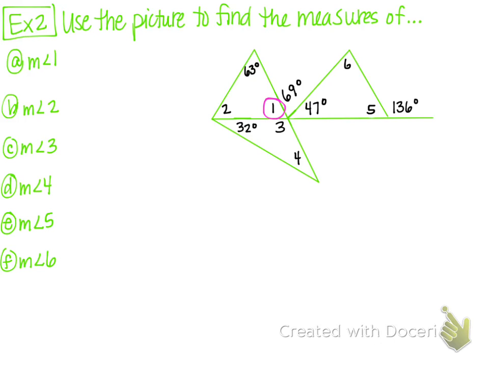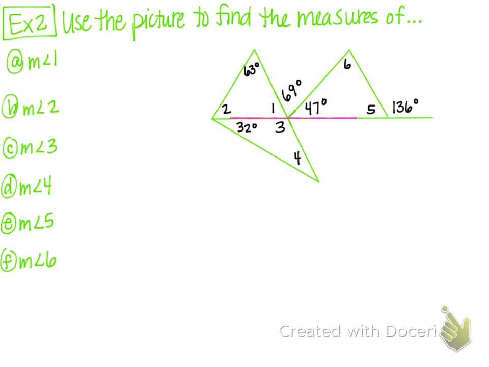So here's 1. Now, what we do know is that this angle, the 47, the 69, and angle 1 all back up to this line right here, which means that they are going to be supplementary. So 47 plus 69 plus whatever the measure of angle 1 is going to be 180 degrees.